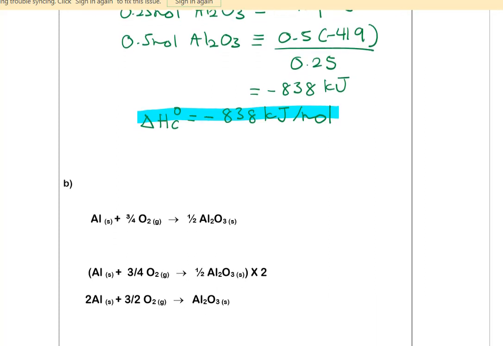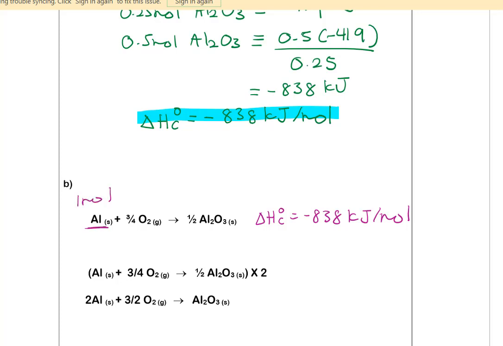Okay, so tadi kita dah kira untuk combustion. Okay, so 1 mole dekat sini. So untuk formation, right now kita kena jadikan aluminium oxide ni 1 mole. Sebab kita ikut kepada definition.